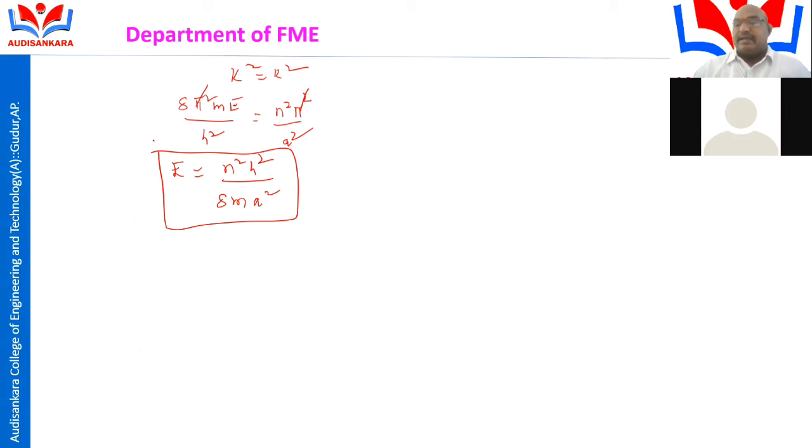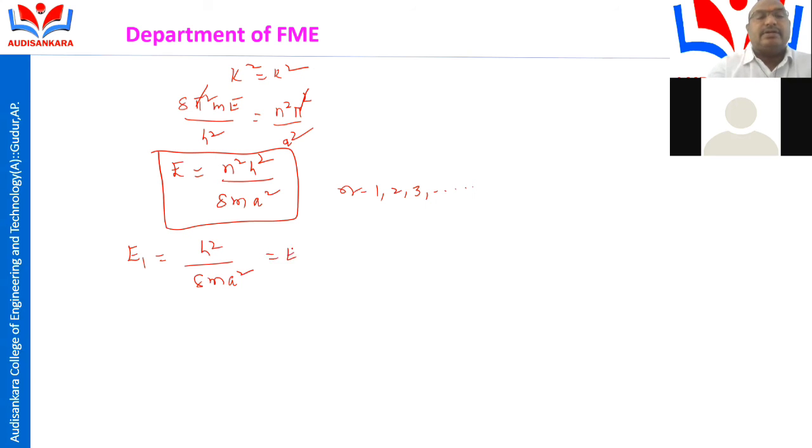So this is called the eigen energy, where n is equal to 1, 2, 3 and so on, isn't it? So my dear students, for n is equal to 1, E1 is equal to h square by 8 m a square.